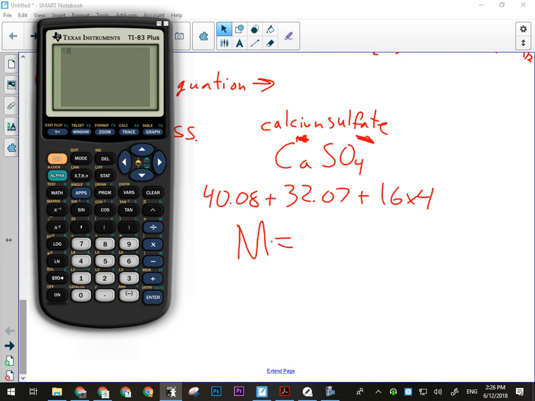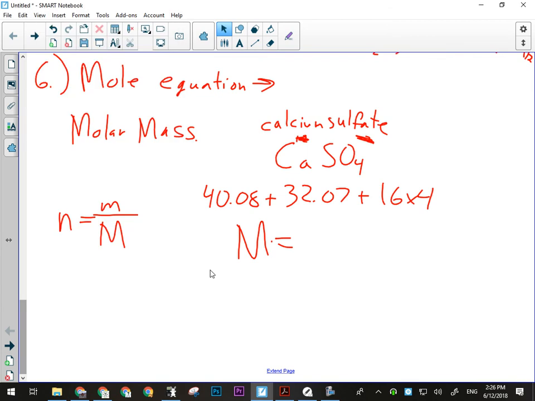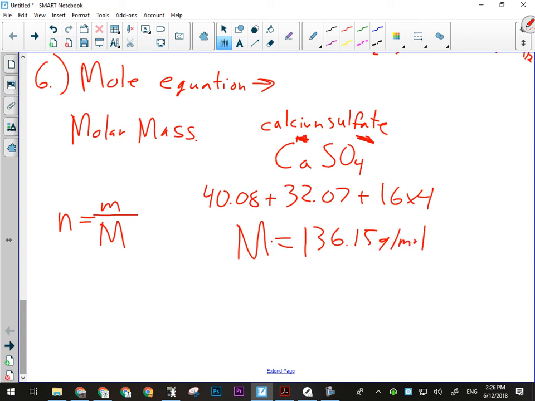So we'll have 40.08 plus 32.07 plus 16 times 4, so 136.15 grams per mole. That's how I calculate molar mass. Now, maybe the problem asked me what the mass of, well, we'll write a problem so you have an example here.